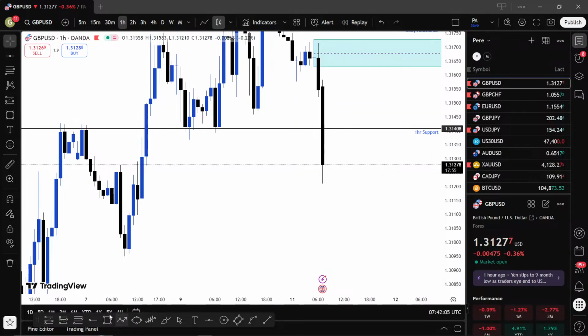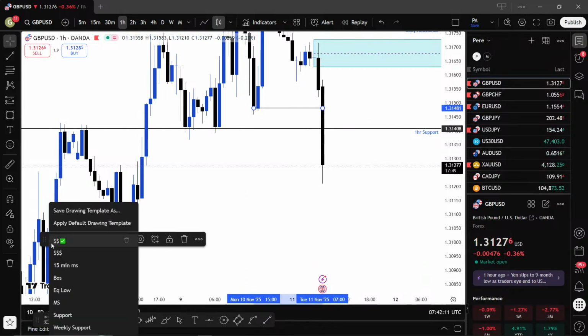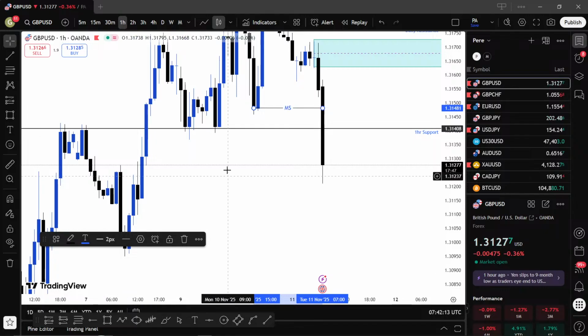Right here, you can see the market just gave us a market shift, and it didn't just give us a market shift, it broke the recent 1-hour support level. And since it has broken this level, the next thing we need is for it to buy back upward, tap here, and then we are going to short it from here.